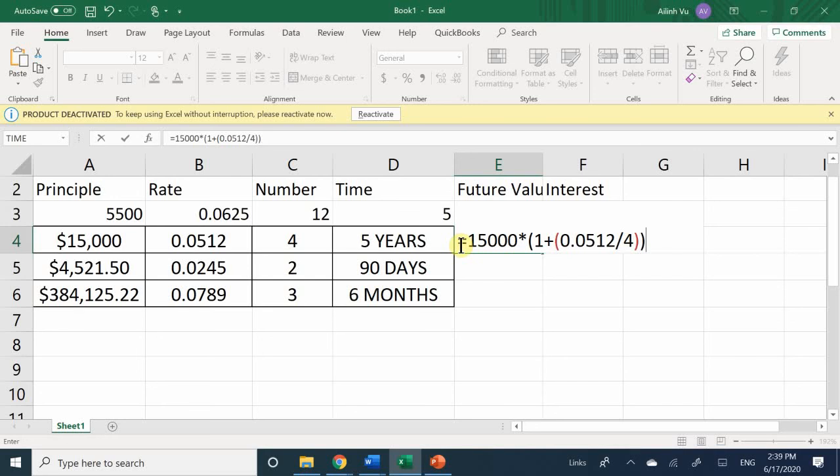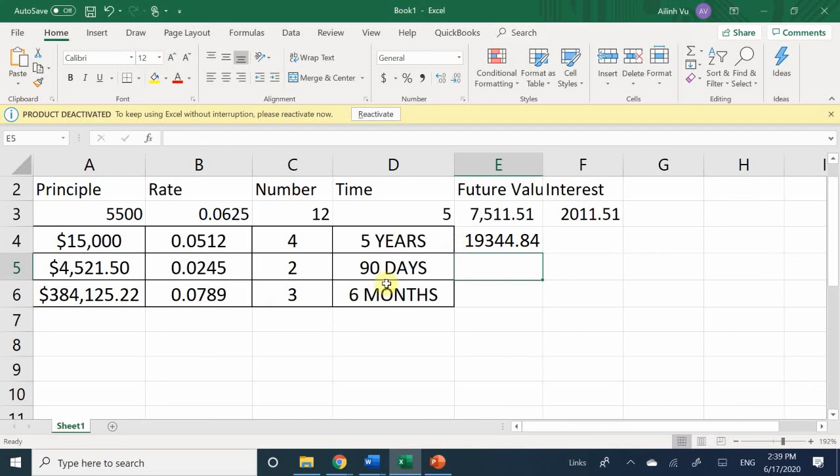Double parentheses, caret, parentheses, 4 times, close parentheses. And we're going to get a total of $19,344.84.